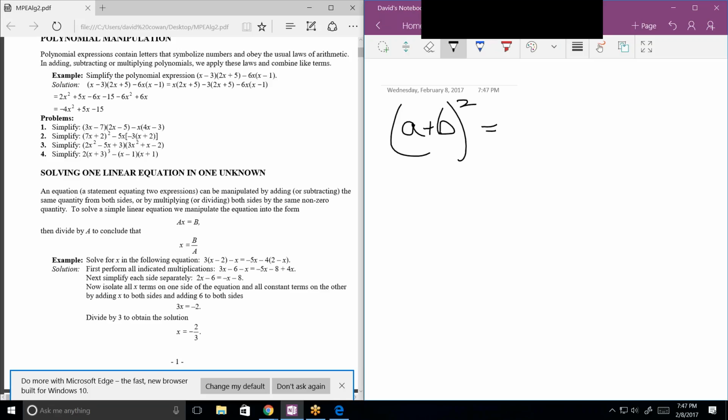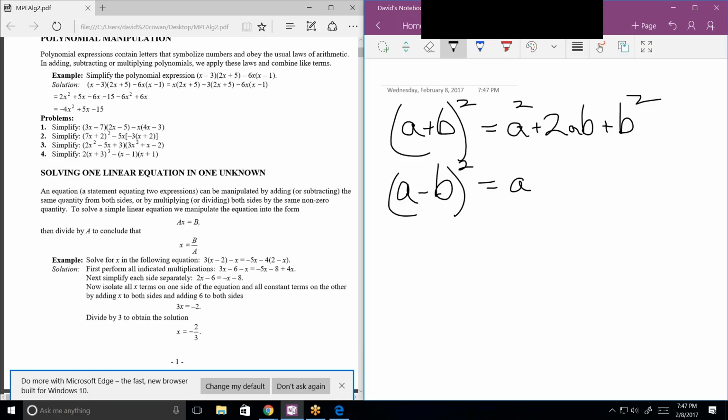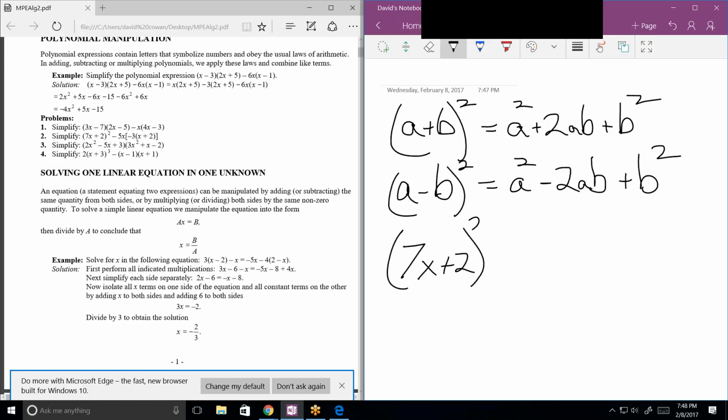But if I want to do it quickly without having to FOIL it each time, it's always this. And if I have a minus b squared, it's almost exactly the same answer, only with an opposite sign on the middle term. But it's still plus b squared on the end. Okay?